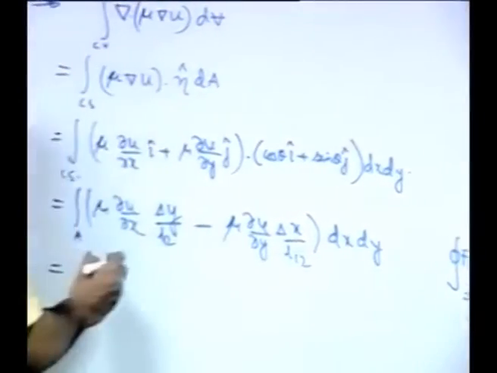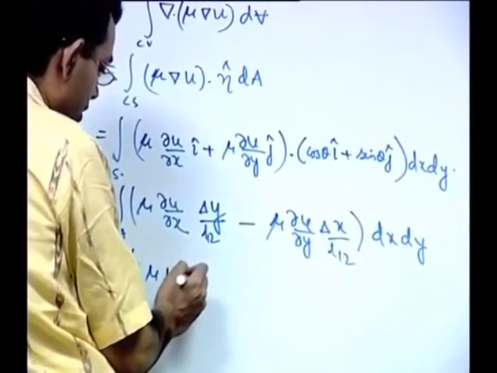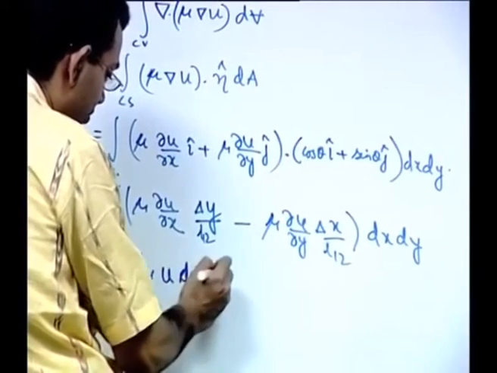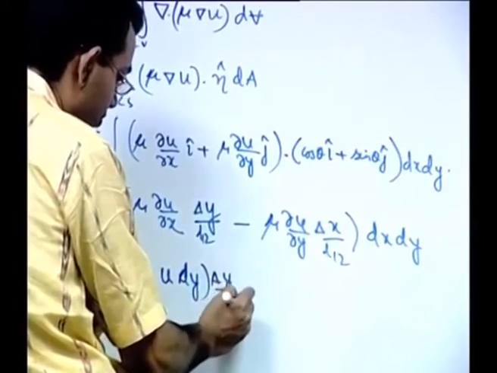So, g is equal to u. So, mu u dy times delta y by L12.